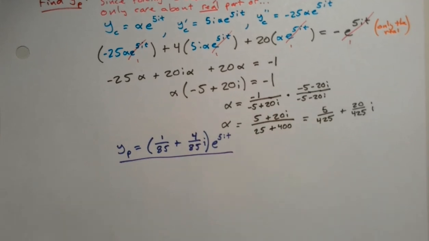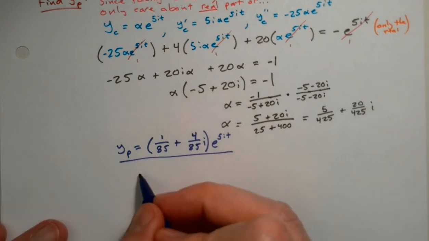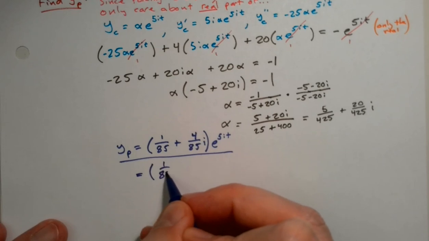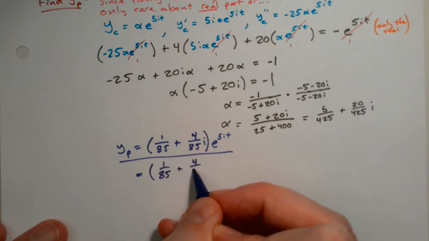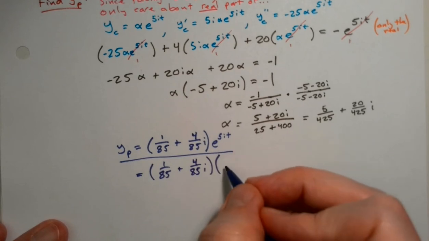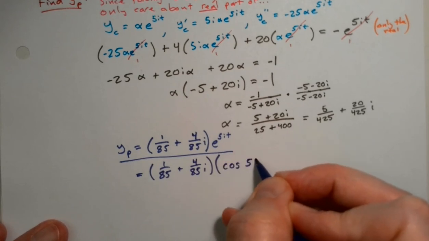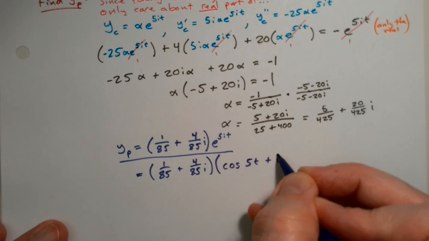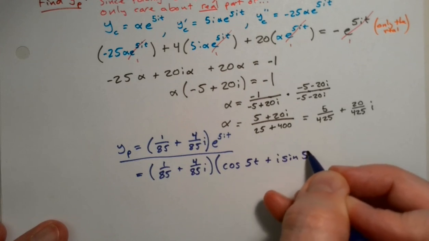Now, normally I'd be like, yay, I'm all done. Just add that to my homogeneous and we're all done. But I actually have to spell this out to find out what's the real part of this. And so I'm going to expand this by multiplying 1 over 85 plus 4 over 85i times the expanded version of this, which is going to be cosine 5t plus i times sine of 5t.